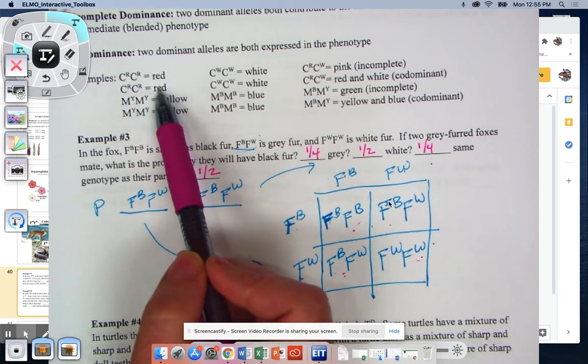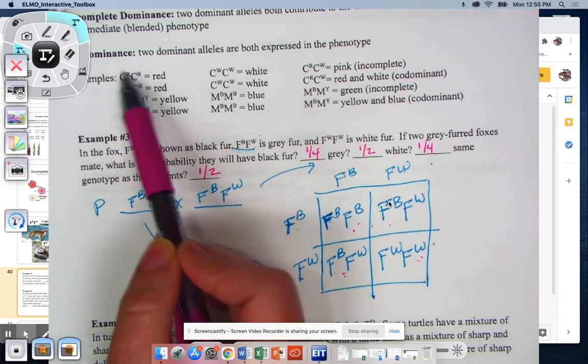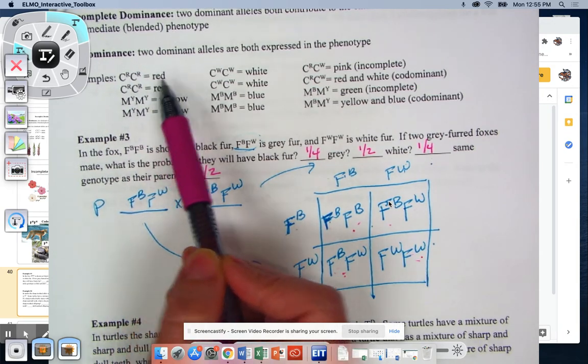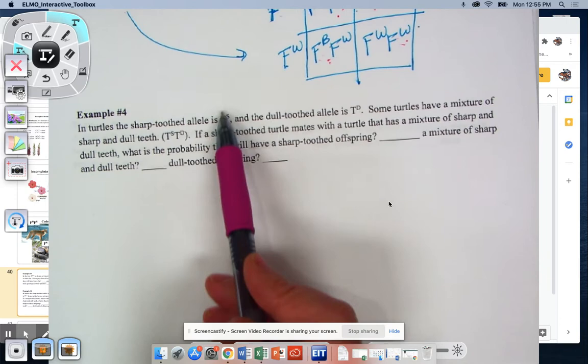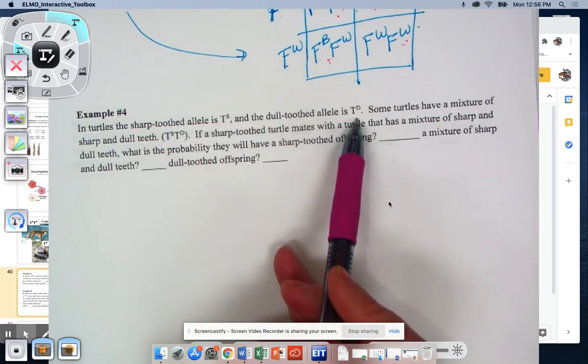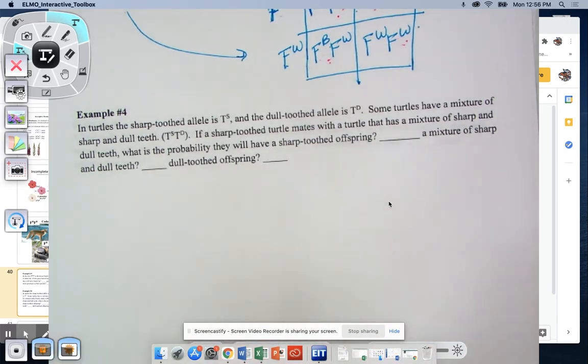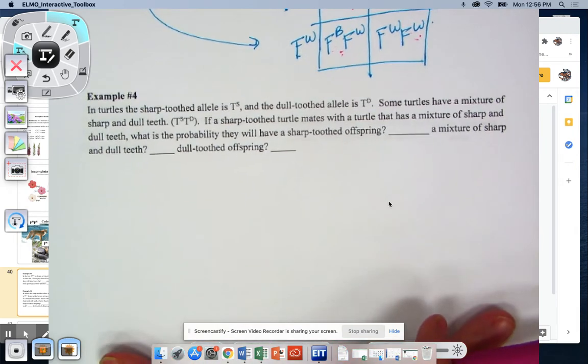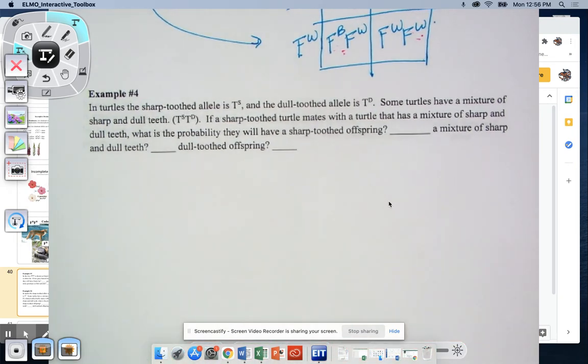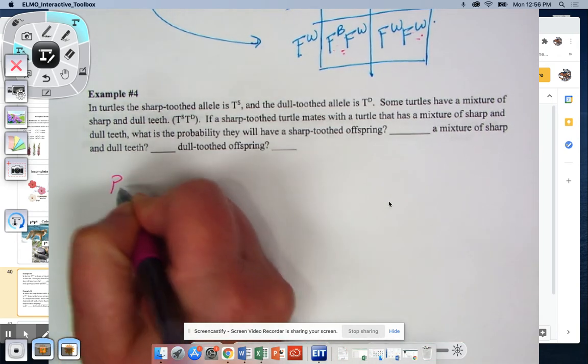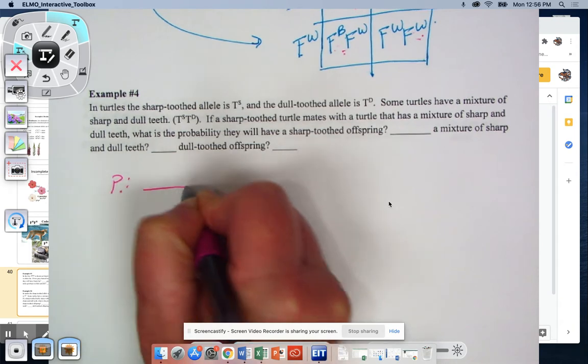It always takes 2, and it has to be 2 of the same to be that. So I don't have to tell you TS-TS or TD-TD. And then you'll even see, I probably will even drop telling you that part. So just keep in mind, I don't have to tell you all the letters. That's something you should be able to figure out based on your knowledge of the genetics.